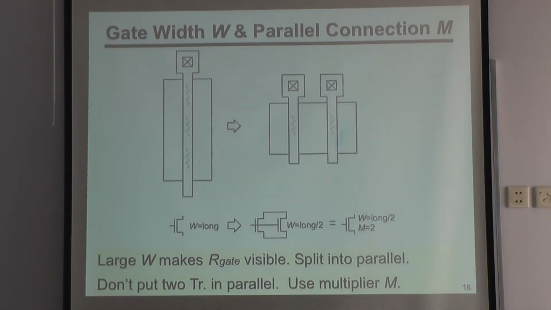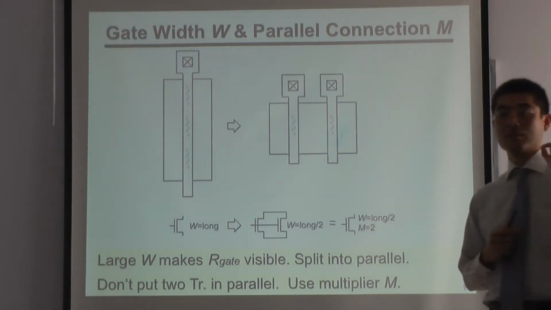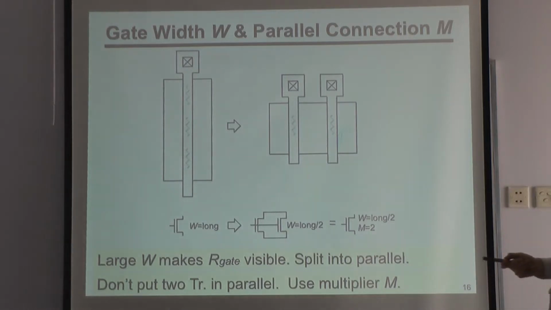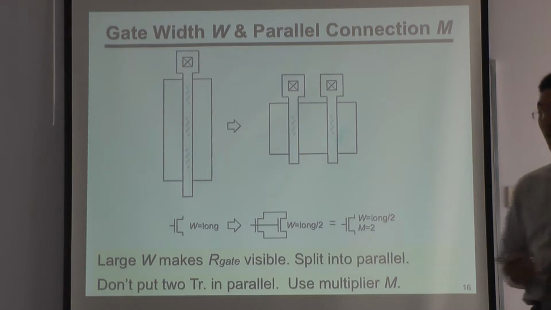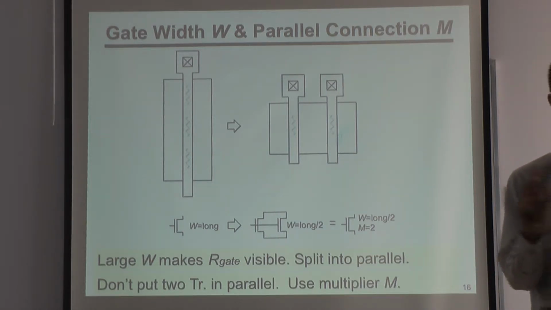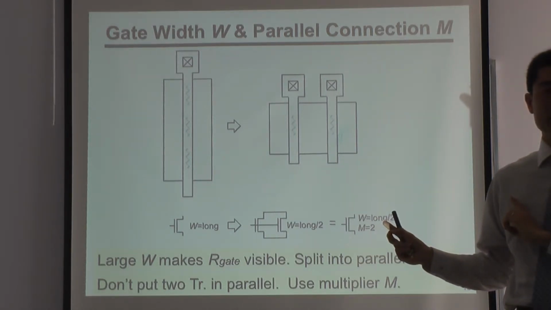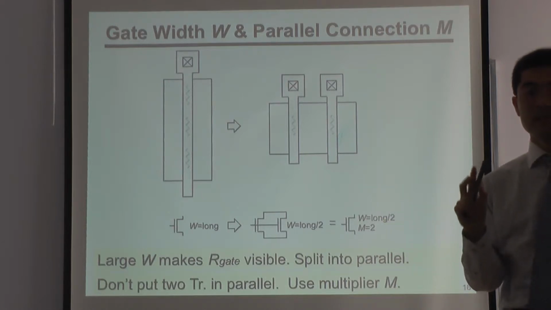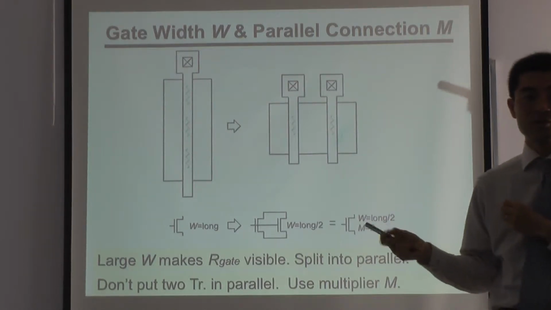And in this case, when you input the schematic entry, the long W1 transistor is the same as the half-length 2 parallel transistors. But once you input like this on schematic entry, the SPICE simulator thinks they are 2 different transistors. And it takes time to simulate two different transistors.